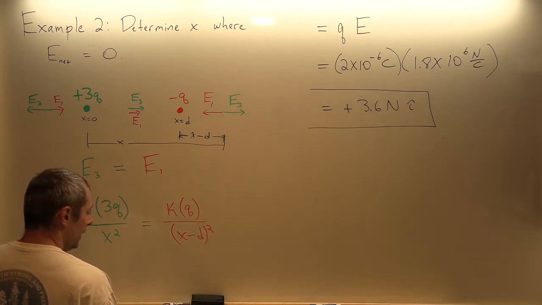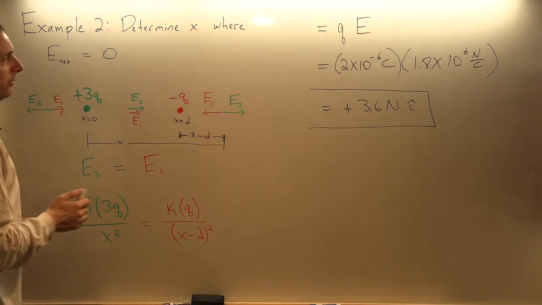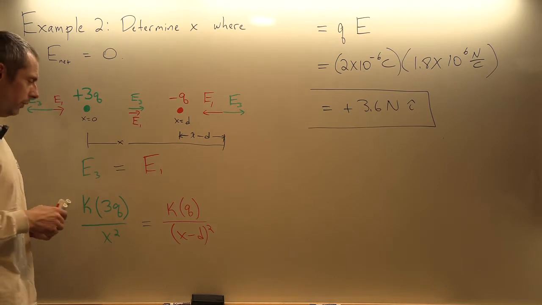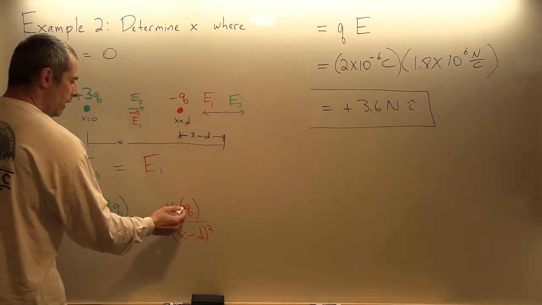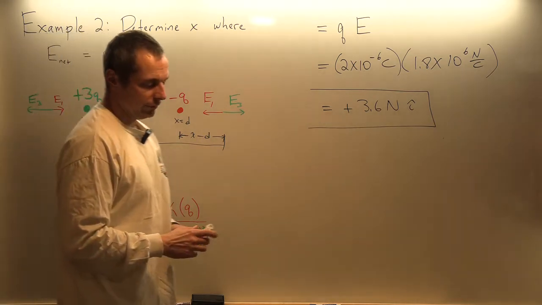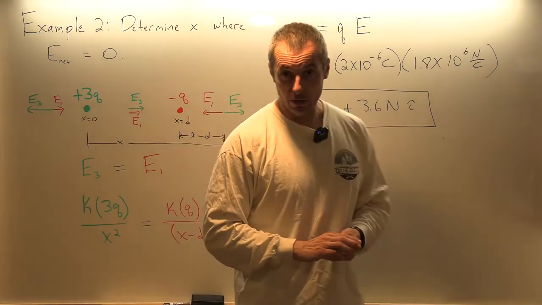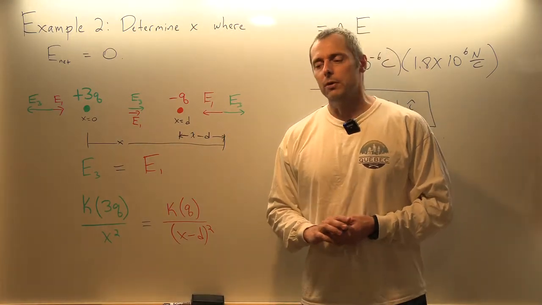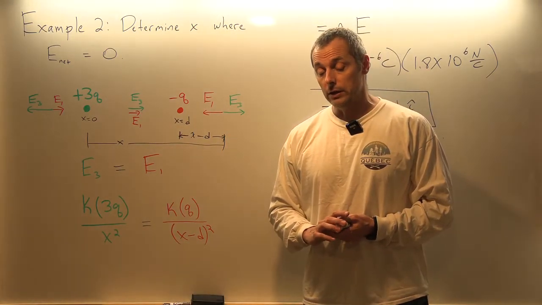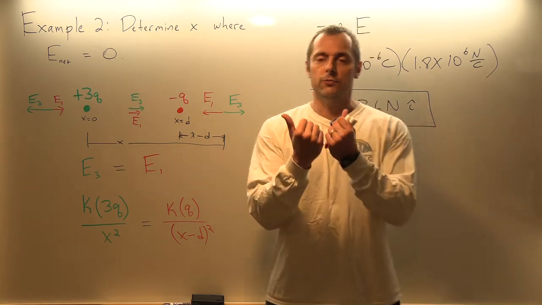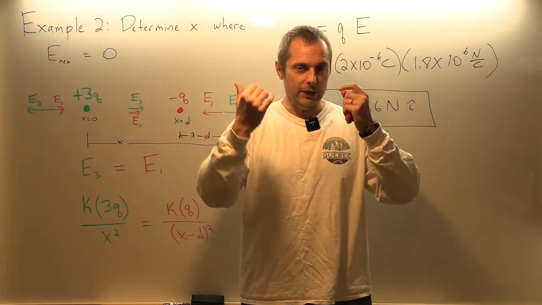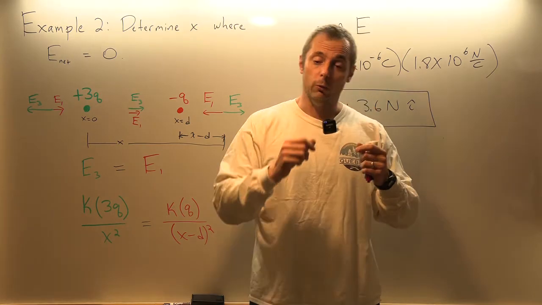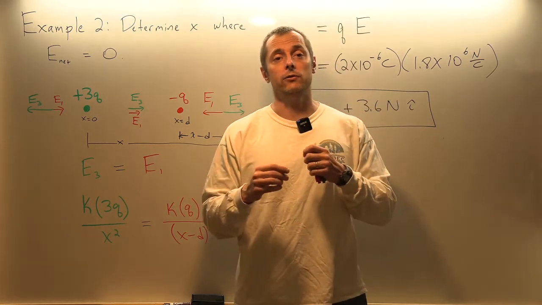Now, I was meaning to say this in the last example also. I do not plug in negatives into this formula, because remember that the electric field direction you figure out by thinking about electric field pointing away from positives or towards negatives.